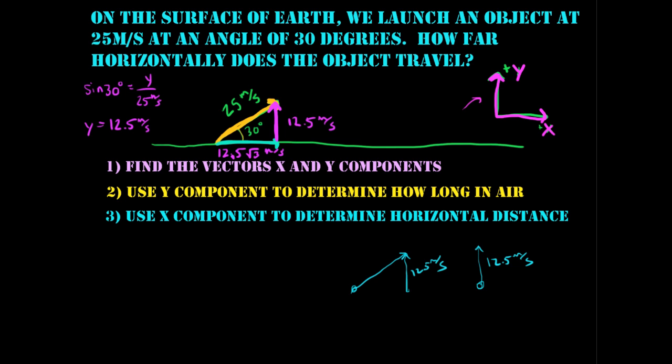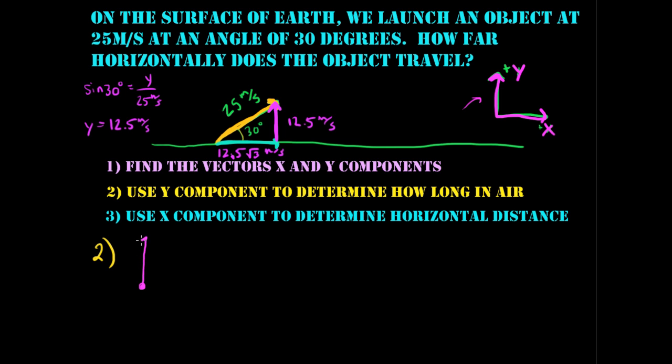Only the y component is affected by gravity. Therefore, all we need to do to find the time in the air is simply pull the y component out and analyze it all by itself.